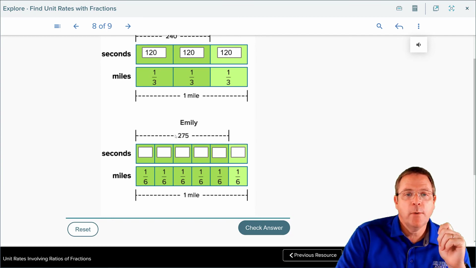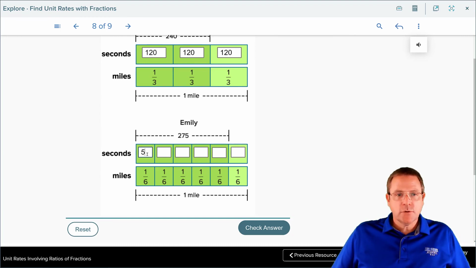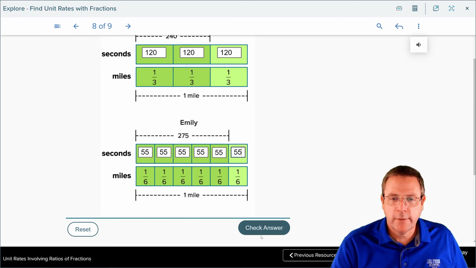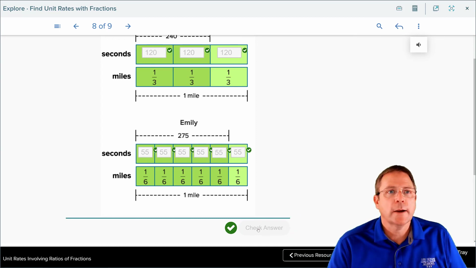To answer that, we would have to divide 275 by the 1, 2, 3, 4, 5 sections. And when we did that, I'm pretty sure the answer would be 55 in each one of those sections. And when we check that, we're going to find out that yes, we got both of those correct.